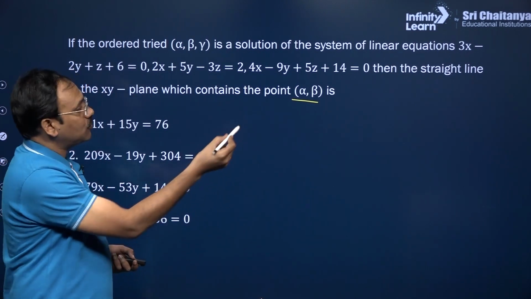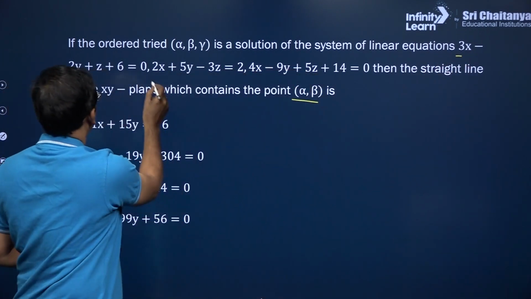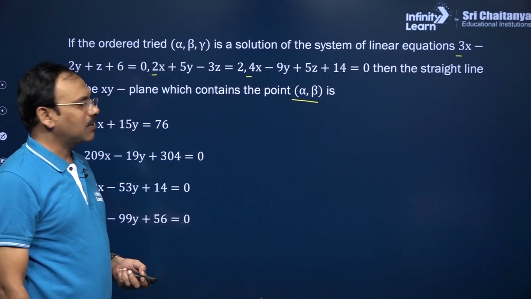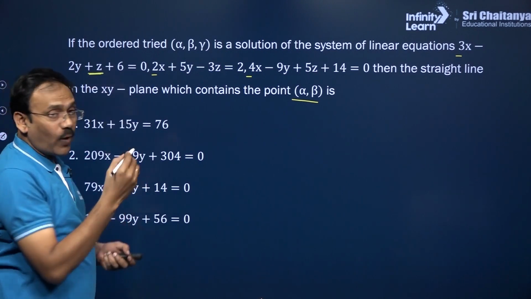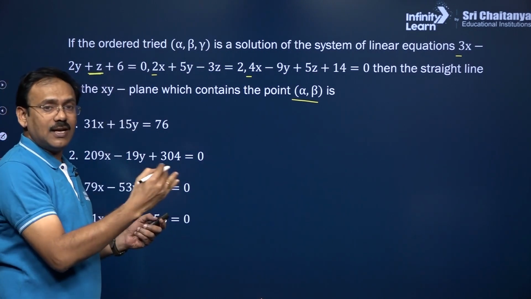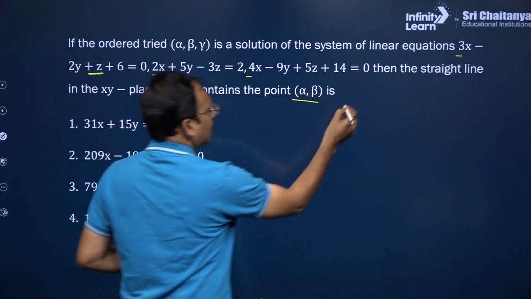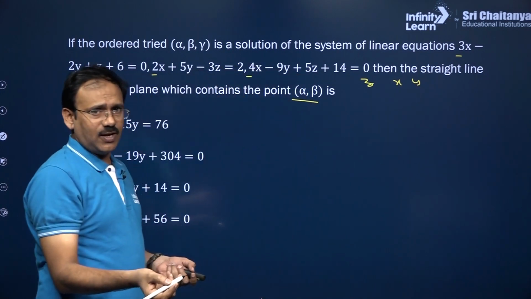The x coefficient for the first equation is 3, second equation 2, third equation 4, so no number is comfortable. Whereas the z coefficient is 1, so why do not we take z first, then x, then y. I take the order z, x, y, with z as the first variable.